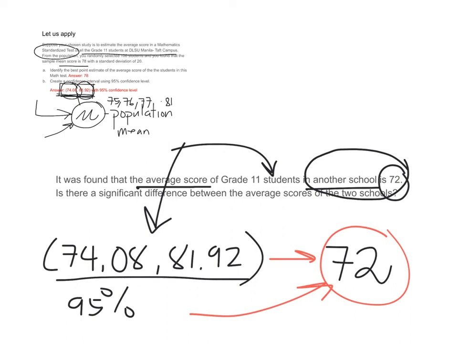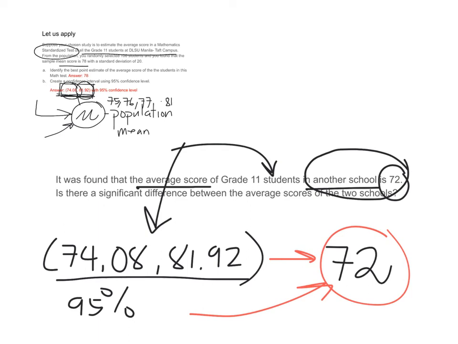Even if I don't know exactly the average score, and I only know the range based on the confidence level, I can already compare their performance. So that's how you use the confidence interval when you compare it with another set of data.